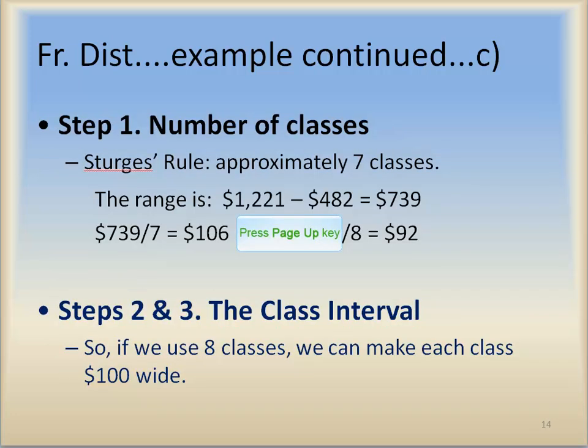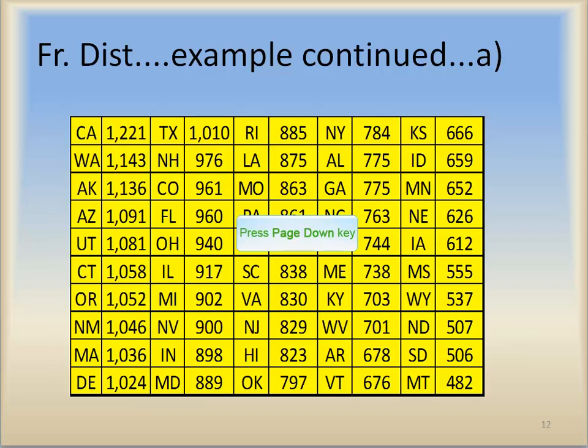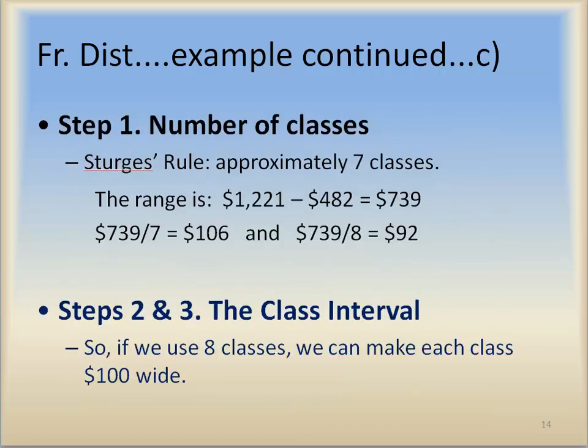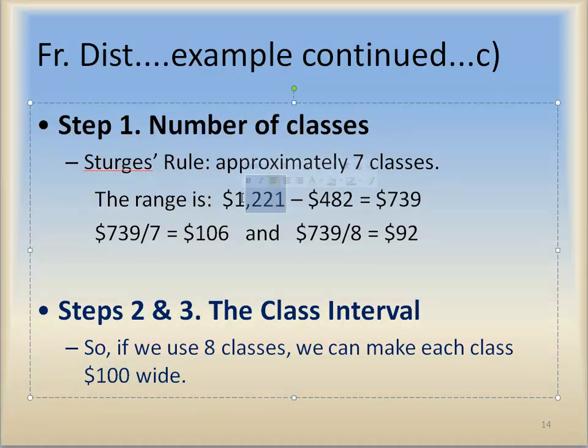The next step is that we calculate our range. Recall, California had the highest value. Let's go back and view it. Here it is. California has the highest value there, and Montana has the lowest at 482. Now, the range is highest minus lowest. So this is the highest from there to there, and this is the lowest. So it's a total of 739.